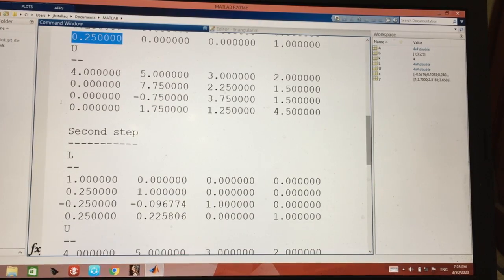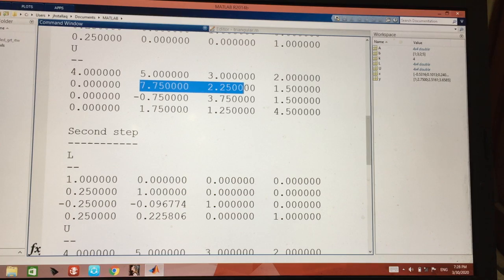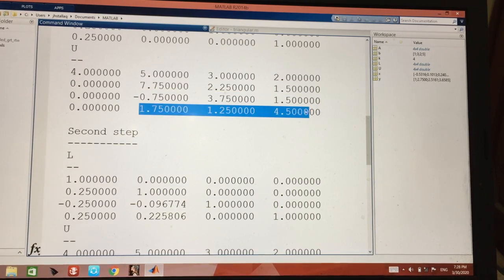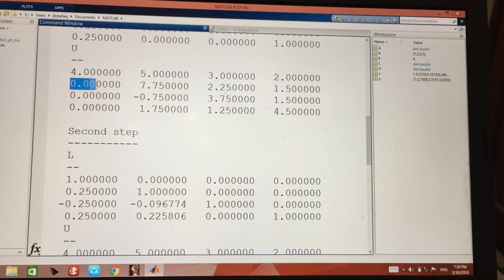The upper is 4, this row is the same, so we eliminated these elements and we modified all these elements here, okay, all these elements. We modify them. Look, this becomes 0, this becomes 0.